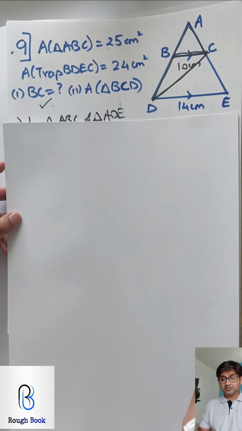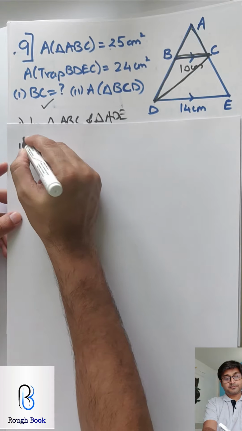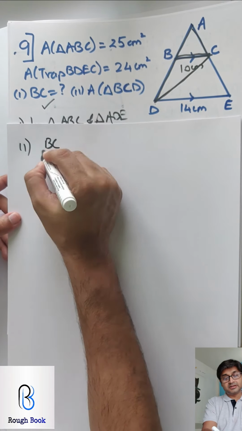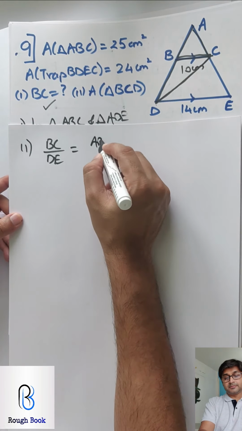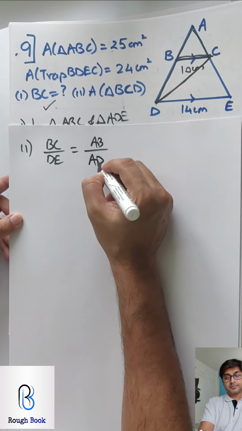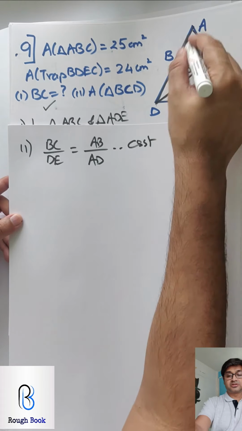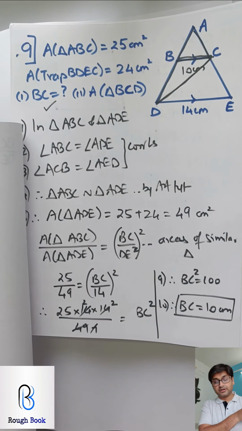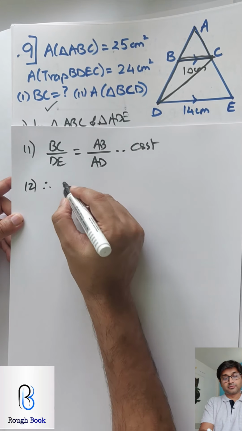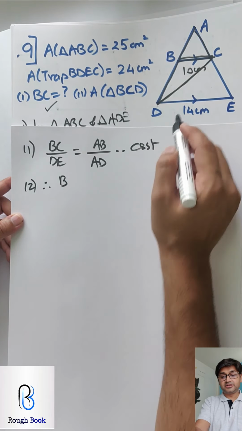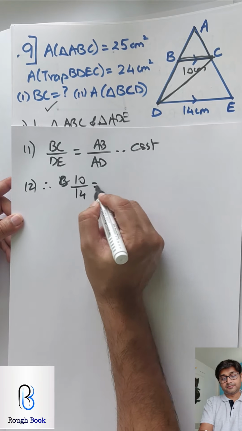So step 11. I will say BC upon DE is equal to AB upon AD, CSST, since these two triangles we already proved them similar here itself, right? So now moving ahead, 12. Therefore BC upon DE is already known as 10 by 14.